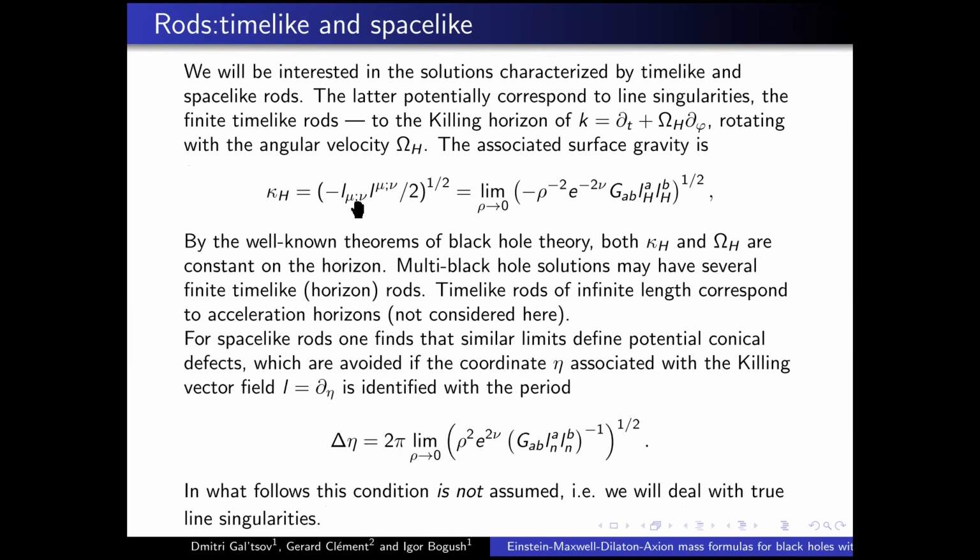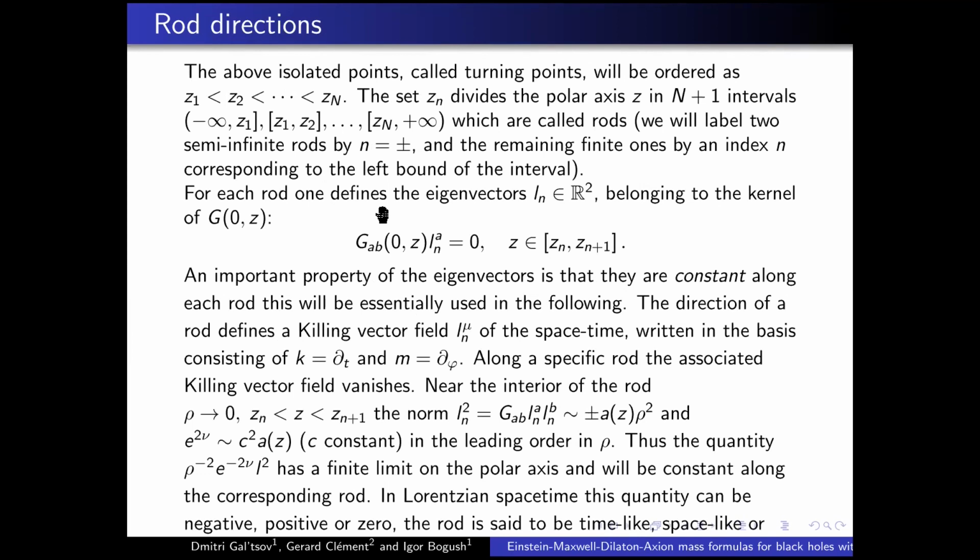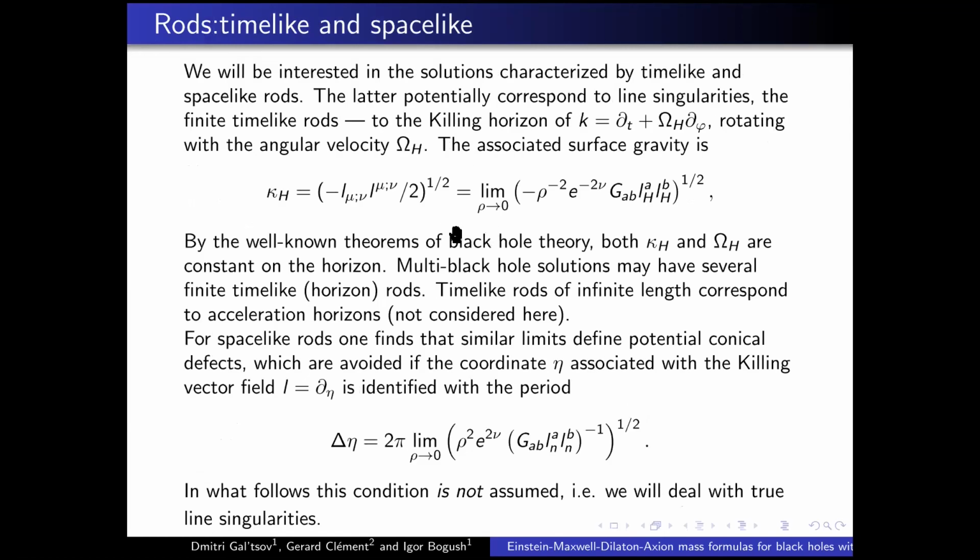It is the same. Each rod vector can be continued in the vicinity as a vector of space-time. So the horizon, the rod itself, is the Killing horizon of that Killing vector, which is generated by the same. So it's another point of view.